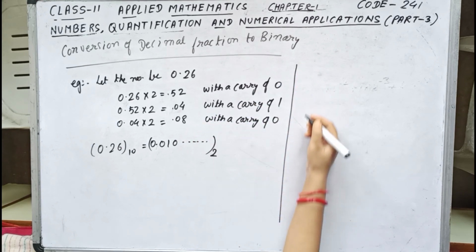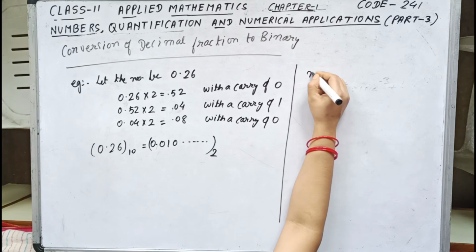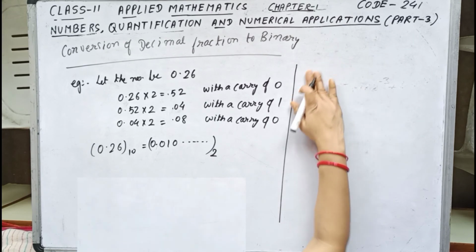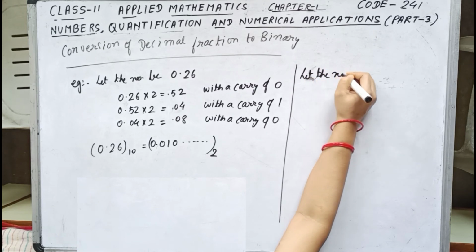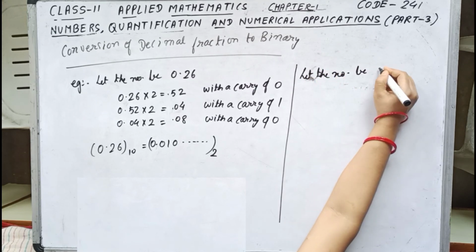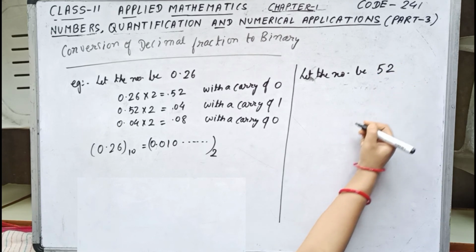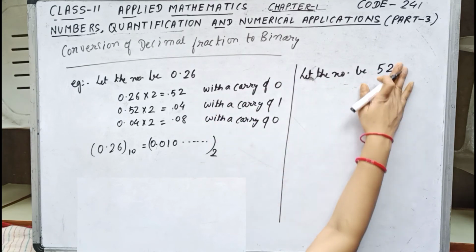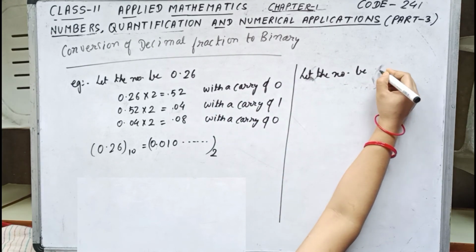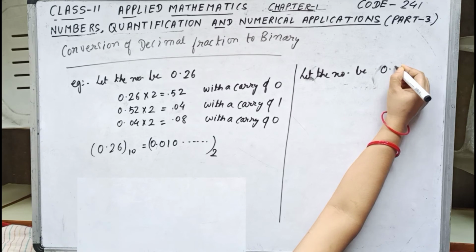Let us take one more example. Suppose let the number be a bigger number I am choosing. Let us choose another, suppose it is 0.75.